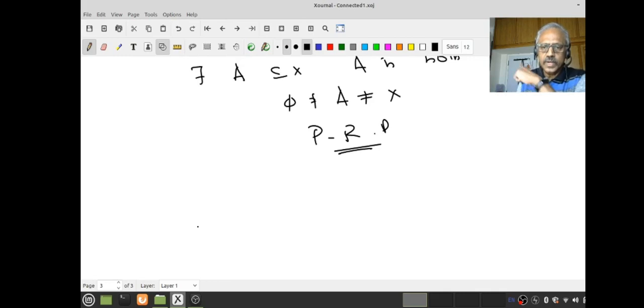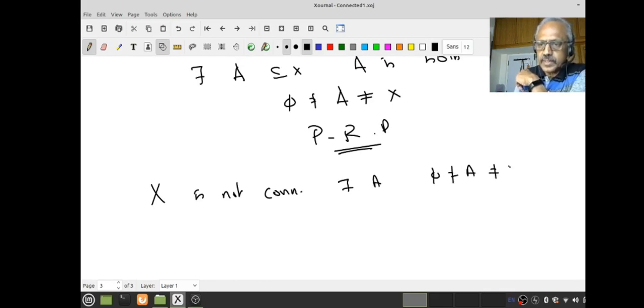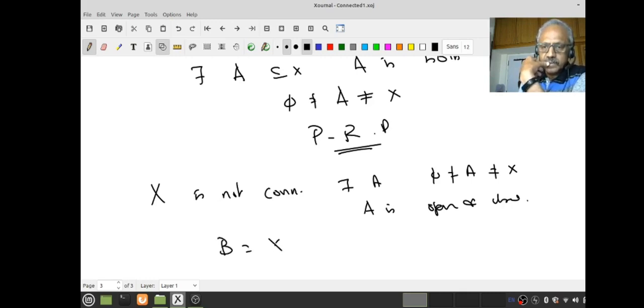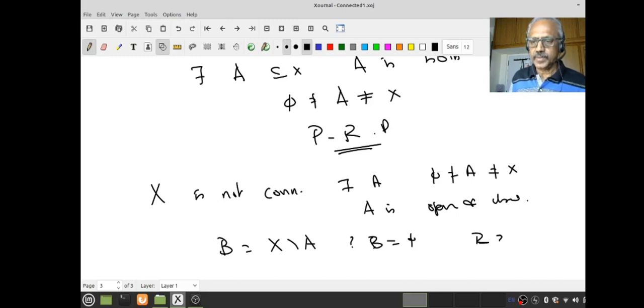Now what is that? Therefore suppose X is not connected. Therefore there exists A such that A is not empty, A is not equal to X, but A is open and closed, right? Now let B equal X complement A, that is the complement of A in X. What can I say about B? Can B be empty? If B is empty, that means X equals A, that's ruled out. Can B be equal to X?